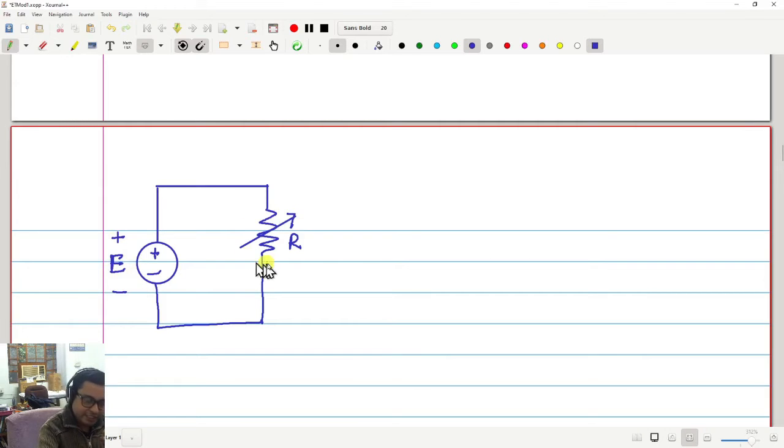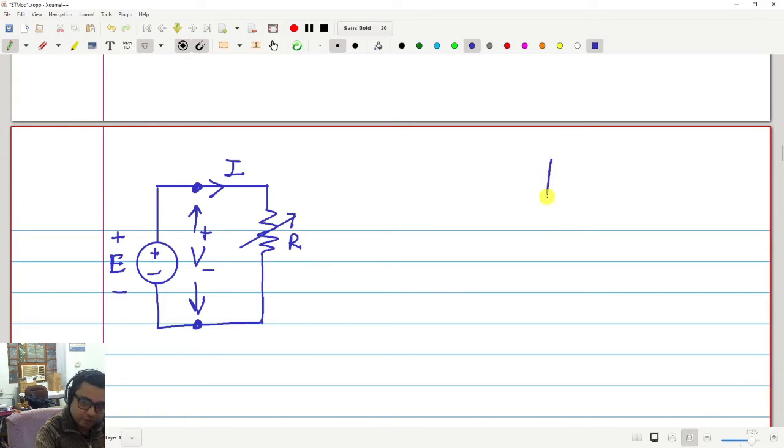If I change the value of this resistance, then current through it will change, and I note down how much current flows for different values of this resistance, and I also note down how much is the voltage from here to here, with some measuring instrument.